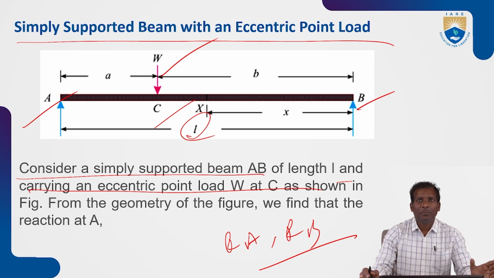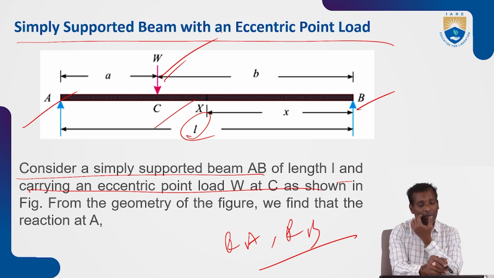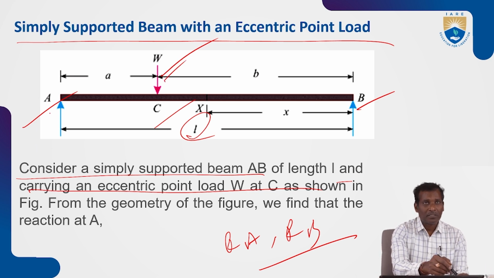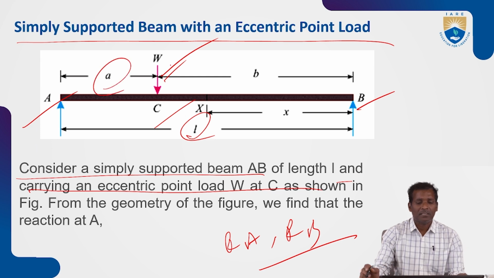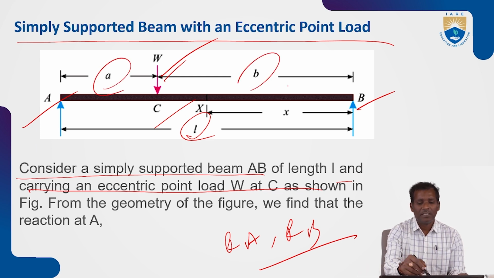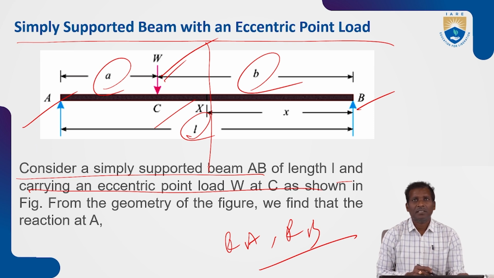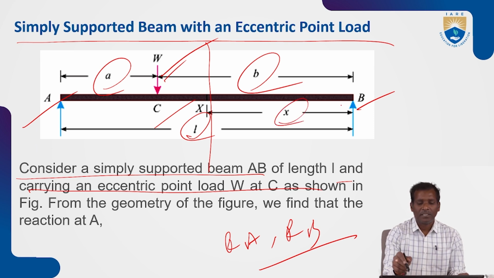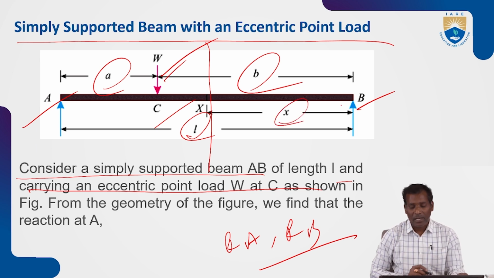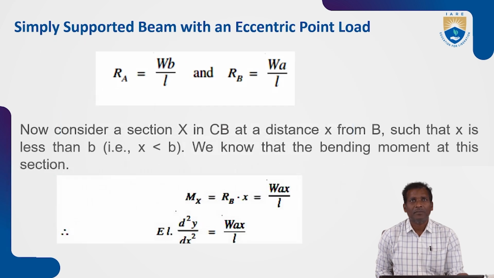The simply supported beam AB of length L carries an eccentric point load W at point C, at a distance a from one end A and b from the other end B. Take a small cross section here at a distance x, to calculate the slope and deflection at a particular section.